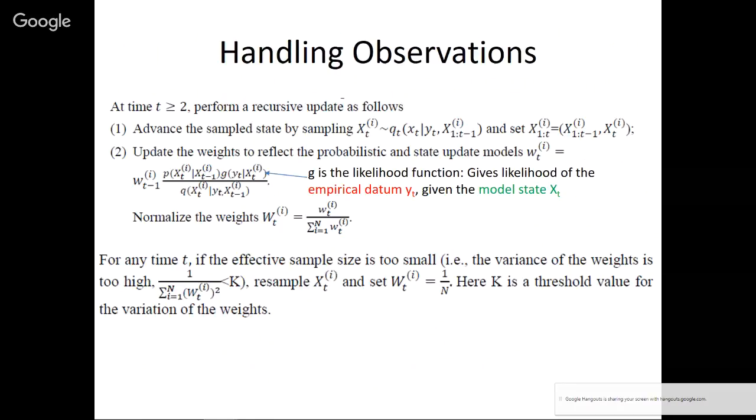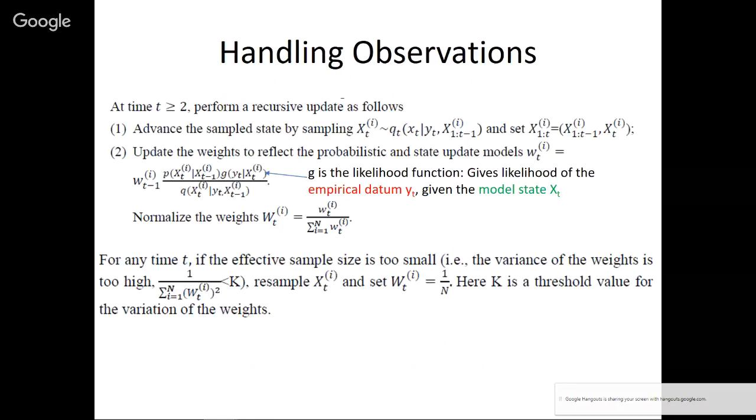Maybe it's one element of empirical data, maybe it's a vector of different pieces of empirical data: the number of attempted suicides, number of completed suicides, number of helpline calls. Given our posited situation out there in the world, as posited by this particle I at this current time t, what's the likelihood that we will have observed this collection of occurrences in the world as indicated by the data?